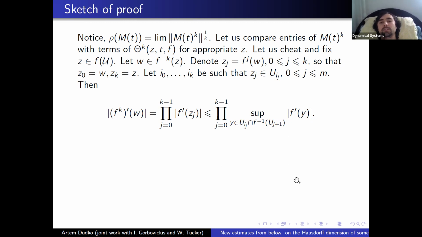This is a trivial inequality. May I make a comment? Yes. Here you have w and you want to replace it by the supremum over y.